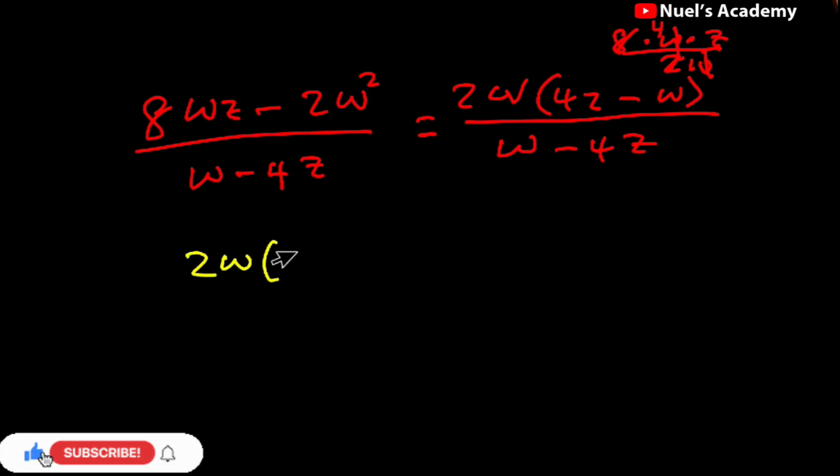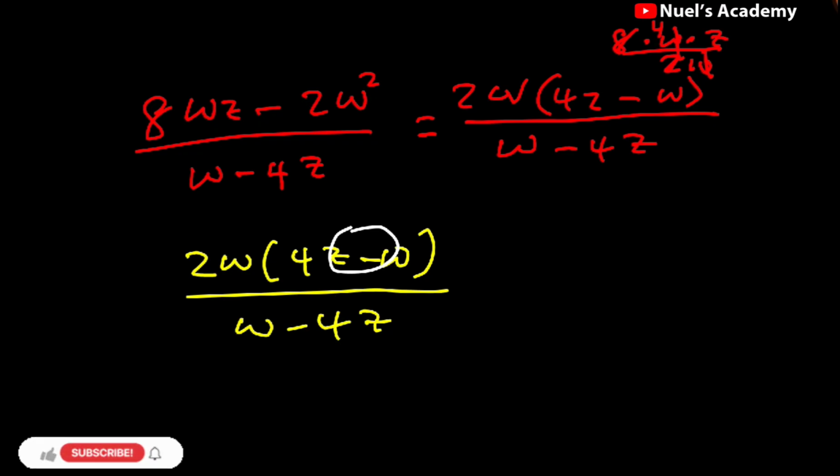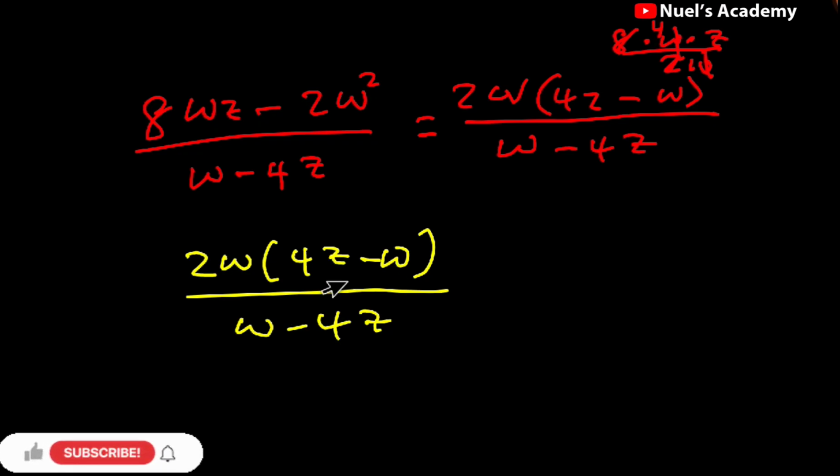2w into 4z minus w over w minus 4z. If you look at this and this, they are similar, but not exactly similar, but you can make them exactly similar. Here you have 4z minus w, here you have w minus 4z, right? Now if you factor out -1 from the numerator, you can turn it into exactly the one at the denominator.